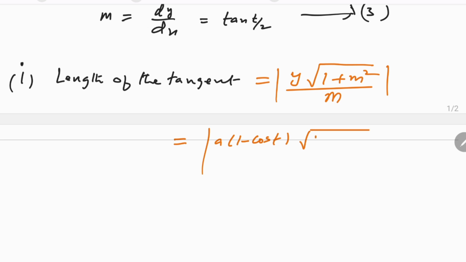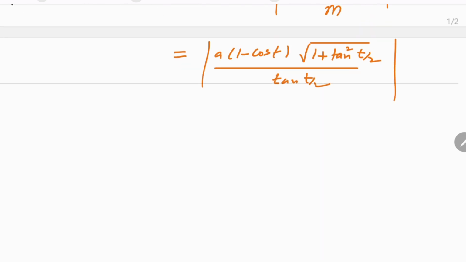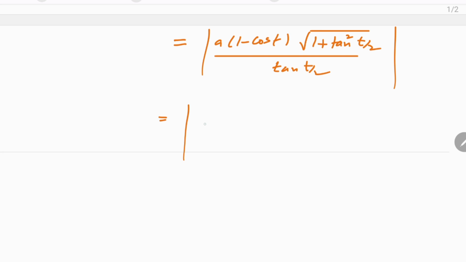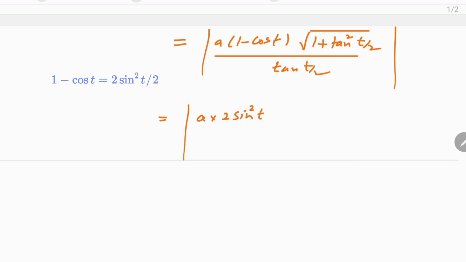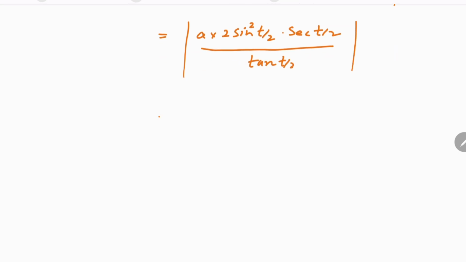We shall write the square root of 1 plus tan square t/2, divided by tan t/2. Now 1 minus cos t can be written as 2 sin square t/2. 1 plus tan square t/2 is equal to sec square t/2. Therefore, its square root comes as sec t/2, now divided by tan t/2.